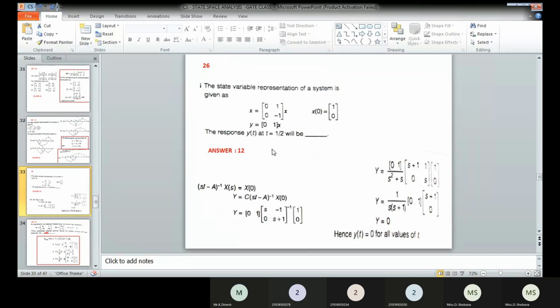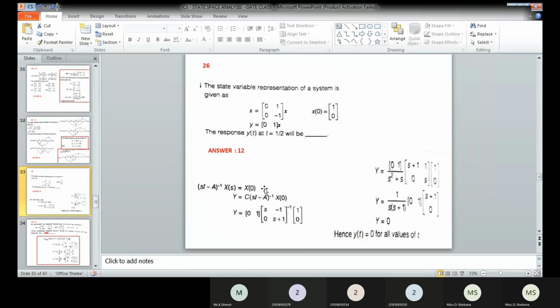Here y is equal to c into si minus a whole inverse into x of 0. So y is equal to the c matrix, then si minus a whole matrix, then the x initial condition. If you multiply everything, you will get y is equal to 0. So whatever the value, the output response is 0. 0 will be the correct answer.